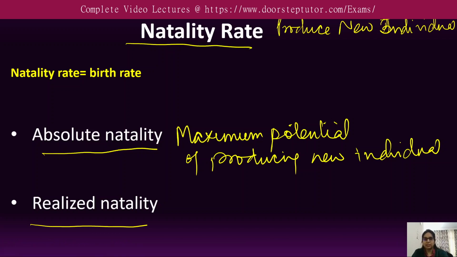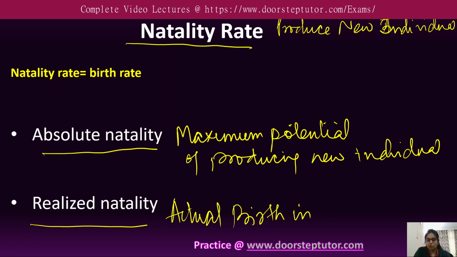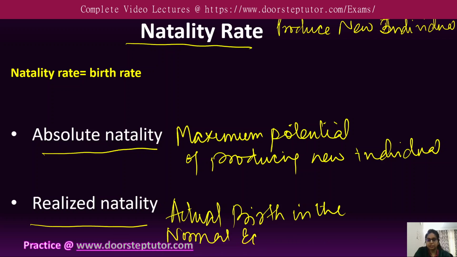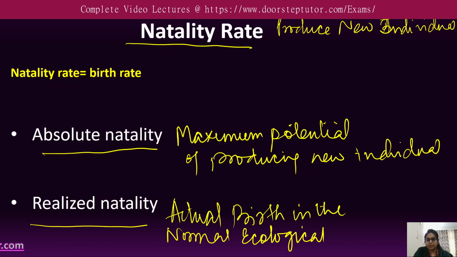The realized natality is the actual birth in the normal ecological habitat. So there are two types of natality rate. The first one is the absolute natality. The second one is the realized natality.